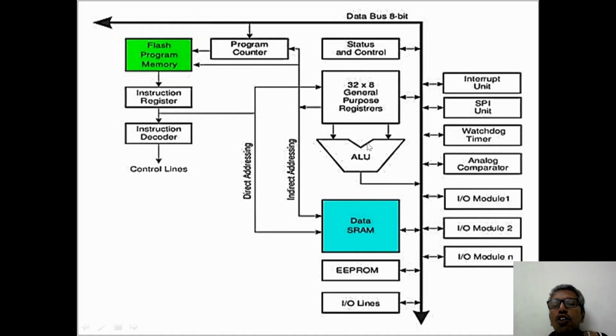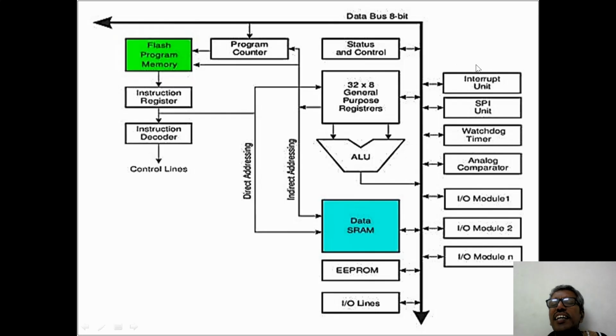Once the ALU performs the operation, the output data will be stored in RAM. Here we have direct addressing, which means the data are connected to the registers directly. Indirect addressing means the data are taken from the RAM.